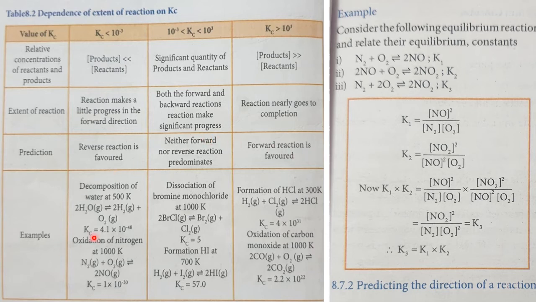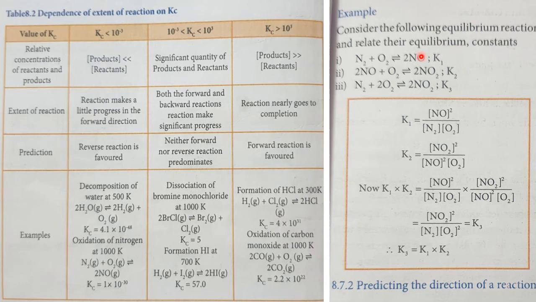Then examples are given: H2O is decomposed to H2 plus O2, oxidation of nitrogen, N2 plus O2 gives NO2, dissociation of bromine and formation of hydrogen iodide, which we will learn in deriving the Kp and Kc relation, then formation of HI and oxidation of carbon monoxide. These are the examples for these reactions.